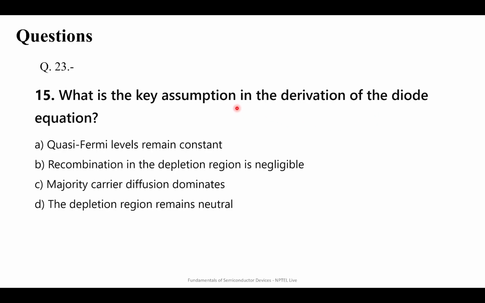What is the key assumption in the derivation of the diode equation? A. Quasi Fermi levels remain constant. B. Recombination in the depletion region is negligible. C. Majority carrier diffusion dominates. D. The depletion region remains neutral.